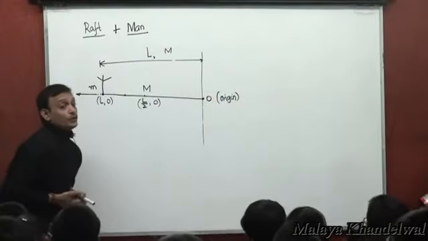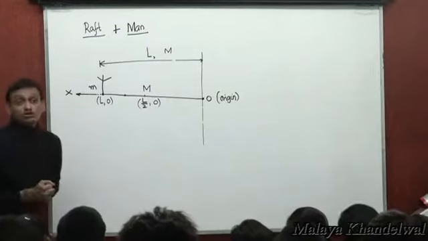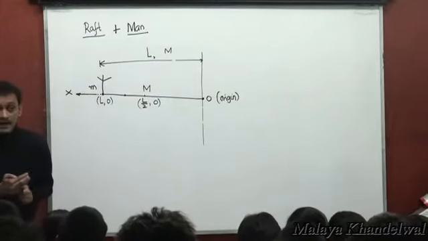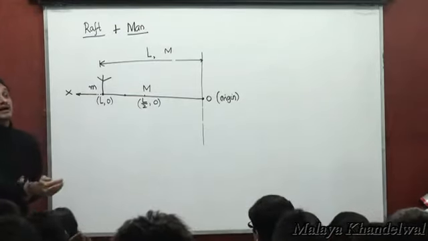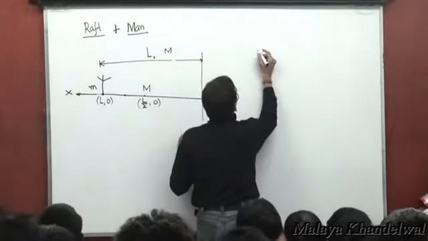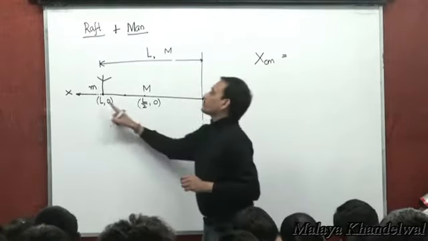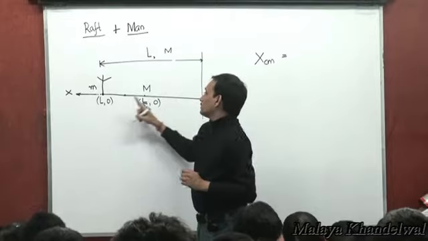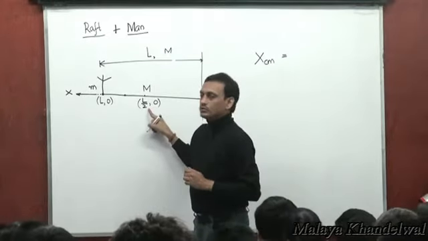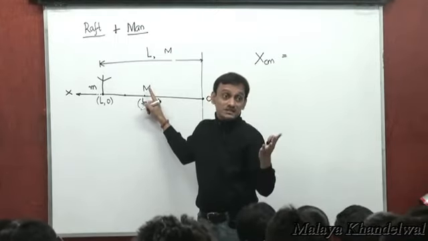Then the x coordinate of the center of mass of the raft plus man is going to be (m L + M L/2) divided by (m + M), using m1 x1 plus m2 x2 by m1 plus m2, right?